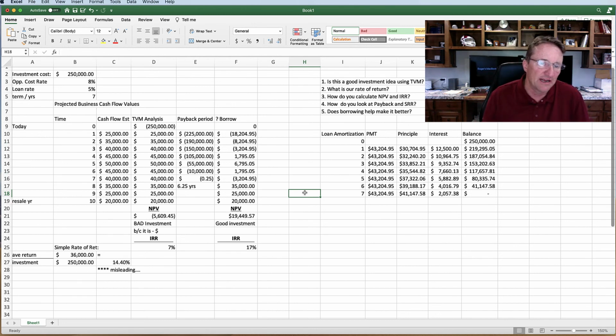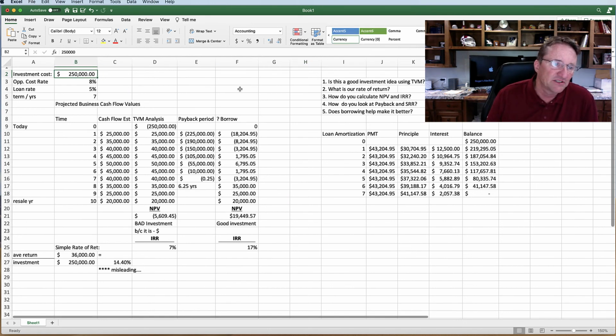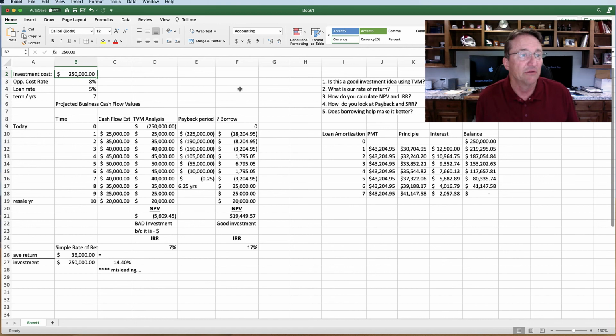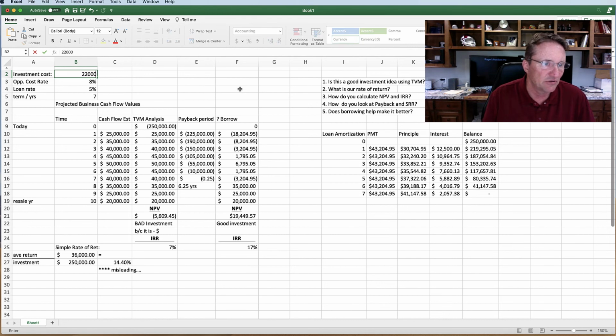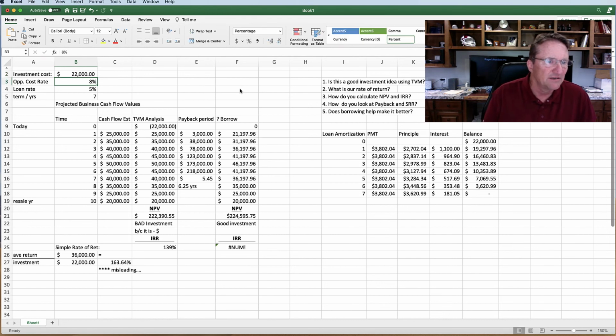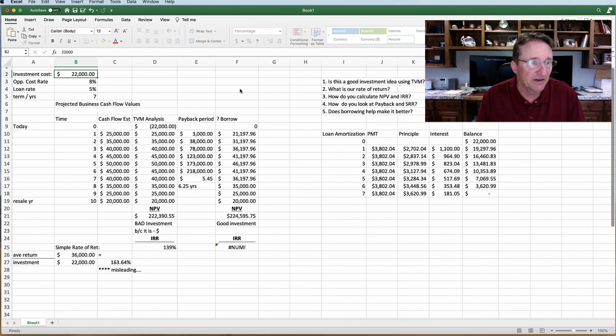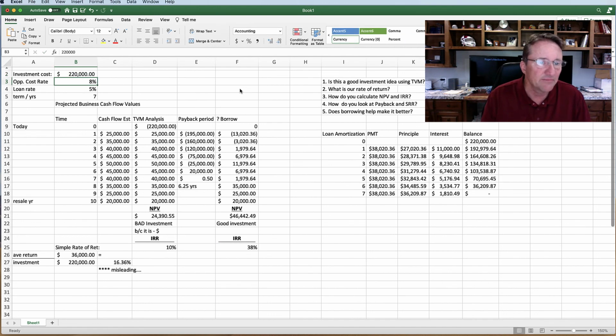Now, of course, as you're looking at this in Excel, there are some things that you might look at. In other words, if you do some more work and maybe some negotiation, they manage to get this thing negotiated down to $220,000. Oops, put the right number in here. 220, 1, 2, 3. There we go.